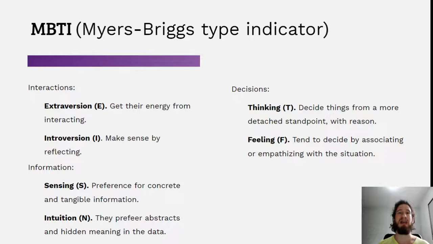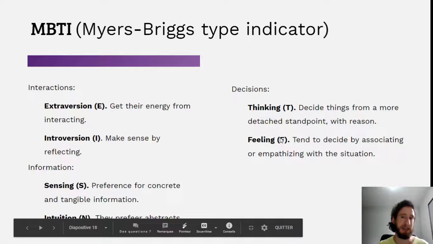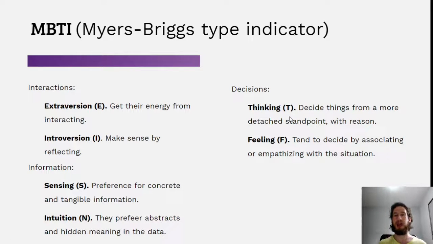So you are a thinking person, type T, and you correlate these, so I am, for example, ENT, right? That's why you have 16 types here. Thinking, you reason your way by being detached from the situation, so you tend to be more rational. As a feeling person, you tend to get involved with feelings more to make sense out of situations.